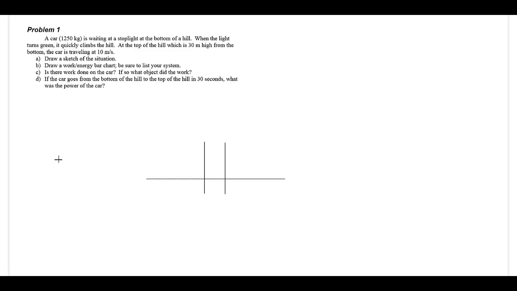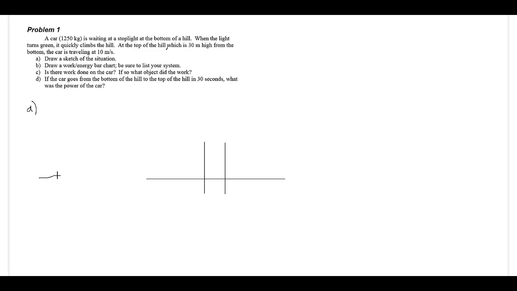So here we go. A car, 1250 kilograms, is waiting at a stoplight at the bottom of a hill. When the light turns green, it quickly climbs the hill. At the top of the hill, which is 30 meters high, the car is traveling at 10 meters per second. We draw a sketch of the situation. This is important.